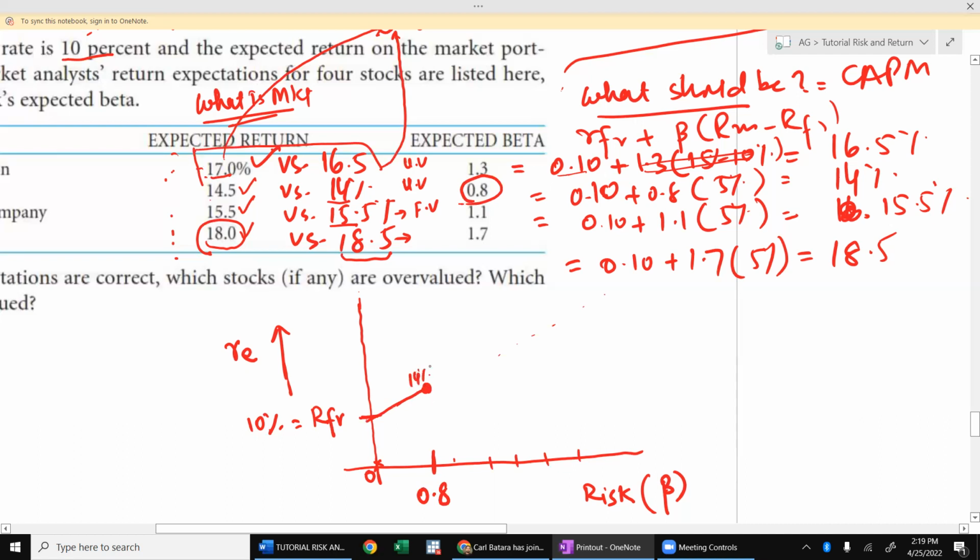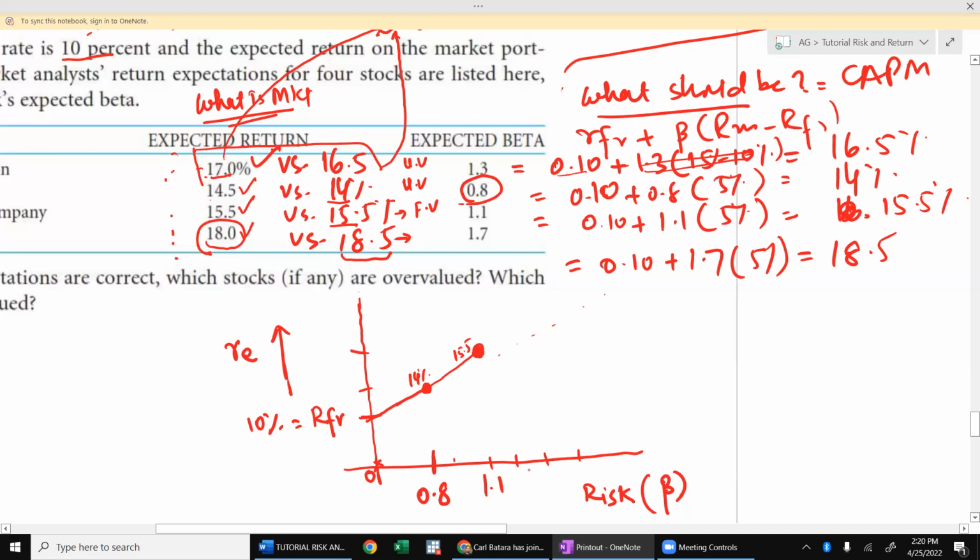Okay, so when the beta is 1.1, how much should we expect? 15.5%. Okay, this is written here.